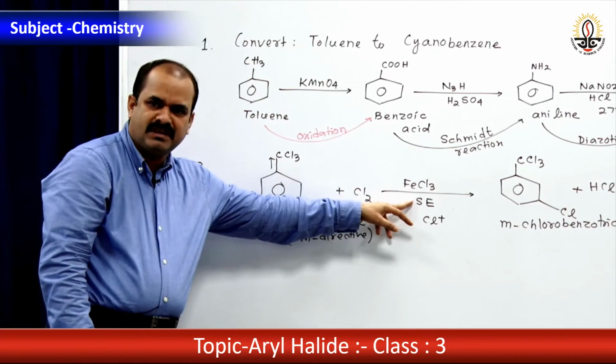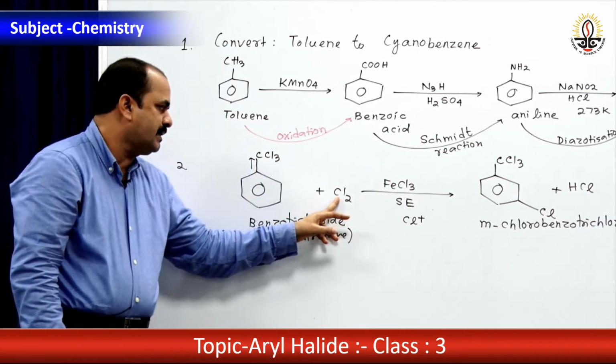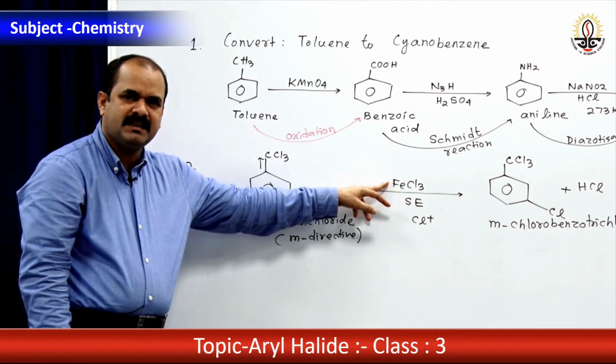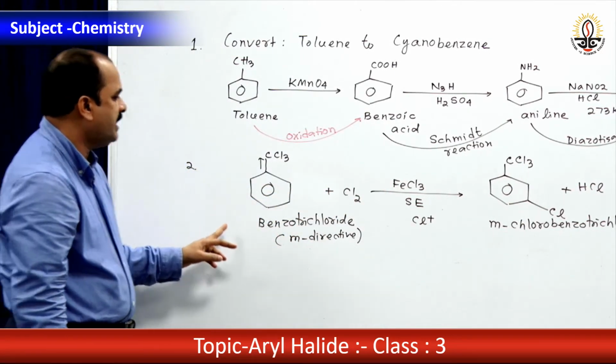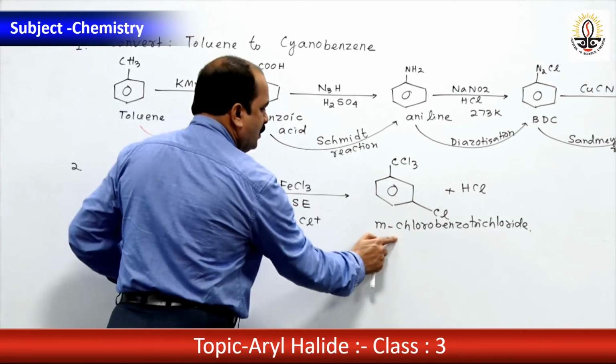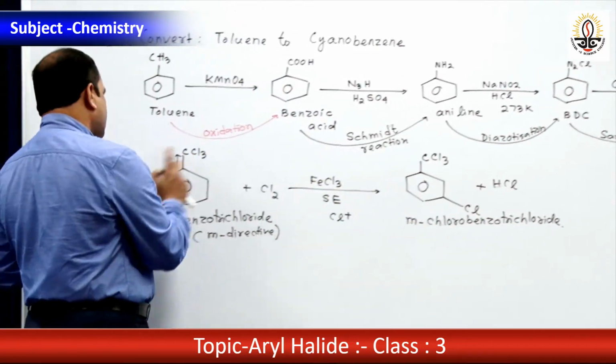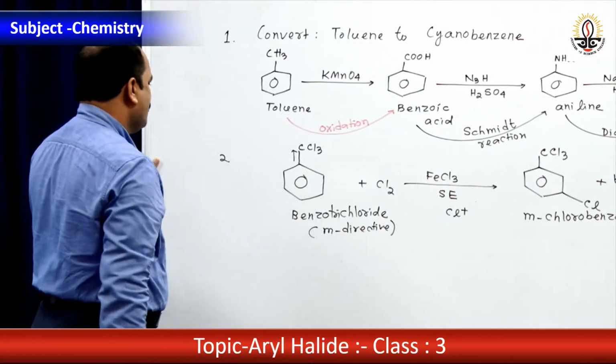Electrophilic substitution, that is chlorination in presence of FeCl3, takes place at the meta position of benzotrichloride to give metachlorobenzotrichloride. This is the discussion on question number 2.